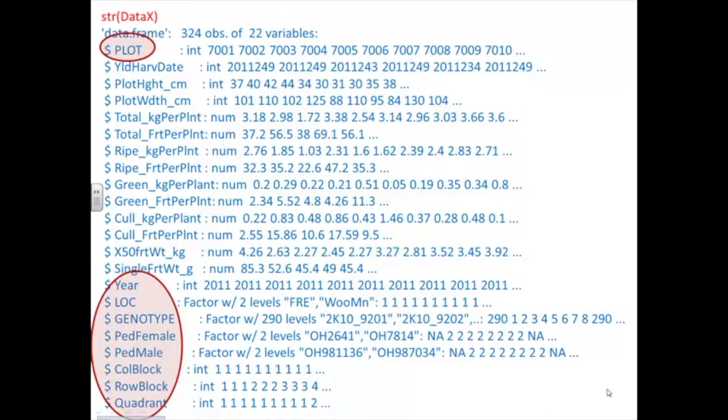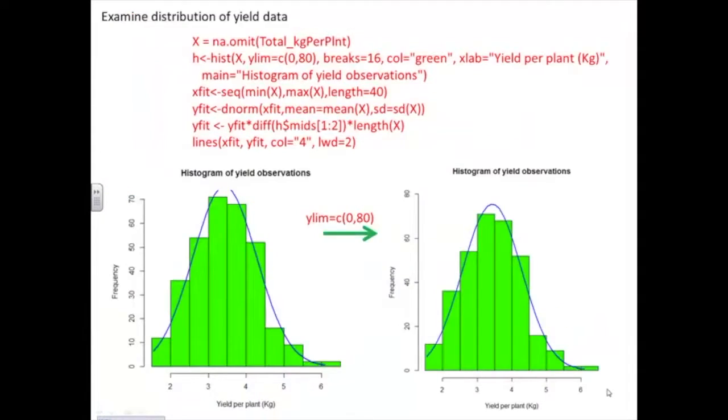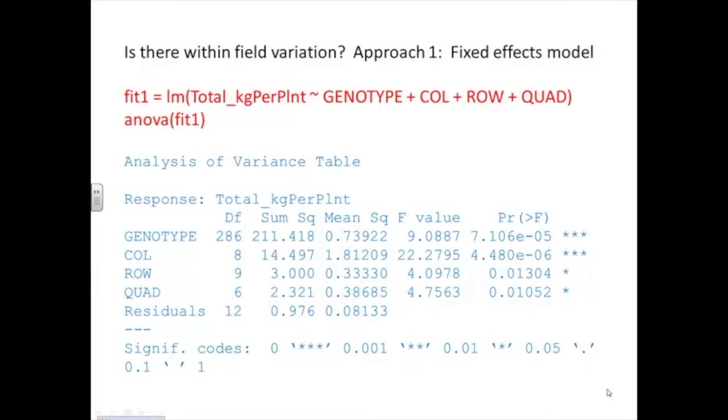Right? All right, so when I write out my model, notice my model. I've had to tell R to treat column block as a factor and call it col, row block as a factor and call it row, quadrant as a factor and call it quad. I'm not showing you that explicitly because you can follow the script.